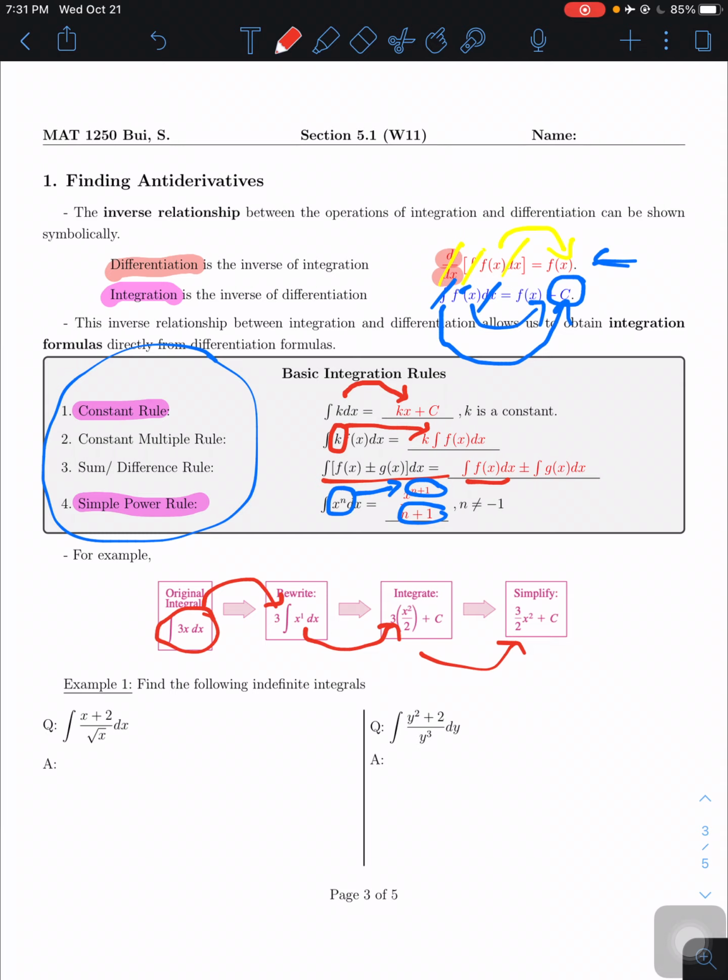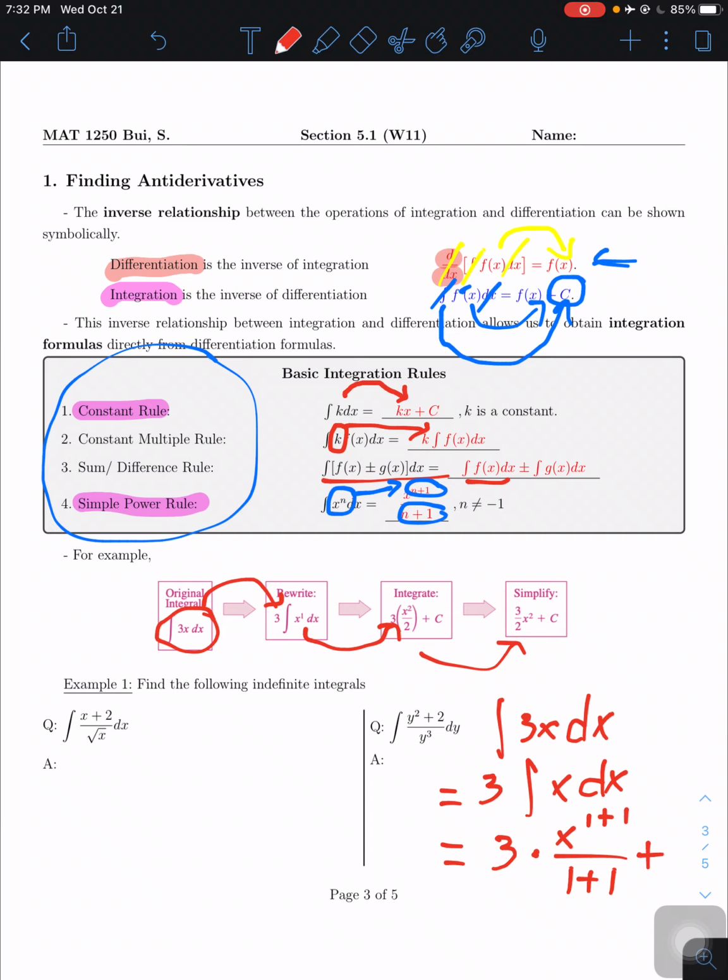If I were to do it my way, let me show you another version of this. I start with the integral of 3x, and for the integral I always have dx. After that, I pull out the 3, just like we did. Then I take the integral: I'm not going to write the integral sign anymore, but to compensate, the power changes, so I put a new power, 1 plus 1, and on the bottom I divide by the same thing.